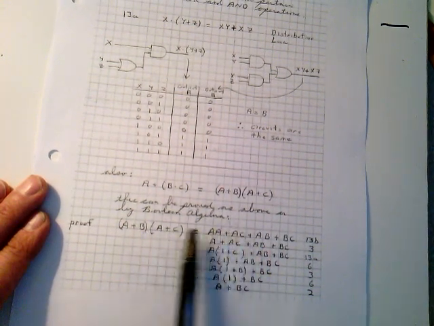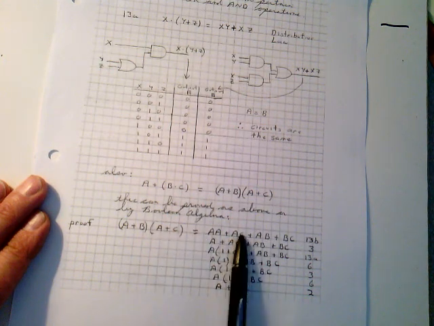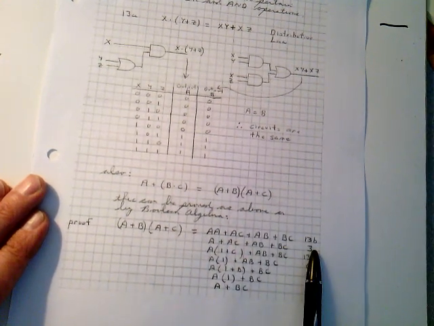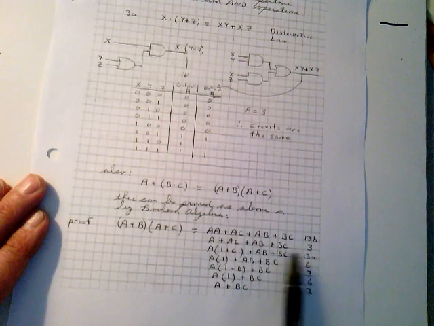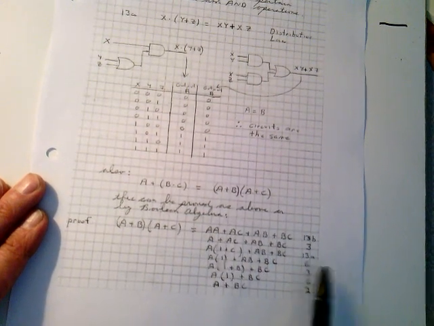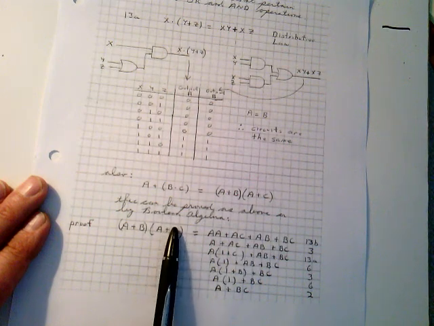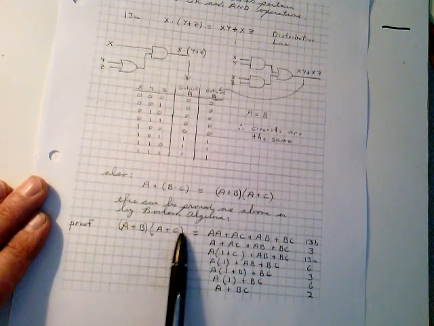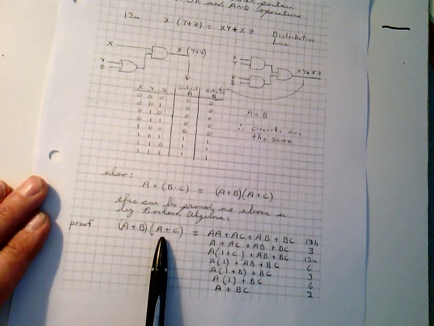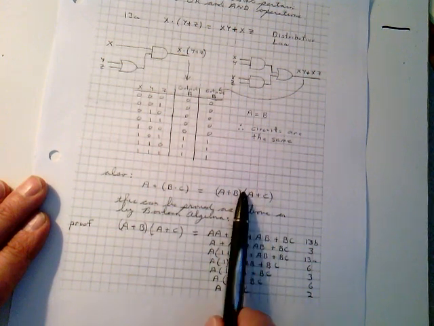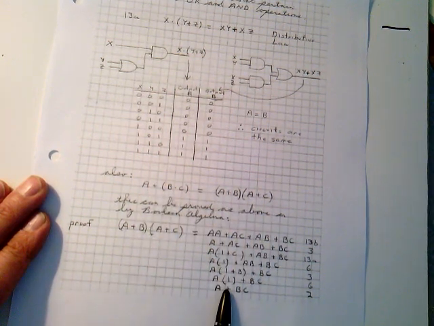That's more or less just like an algebra class. Theorem 3 gives you this, 13a gives you this, Theorem 6.2 gives you this, and the proof is that this circuit being implemented is the same thing as this circuit.